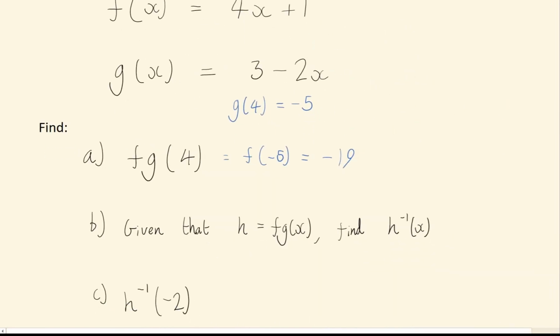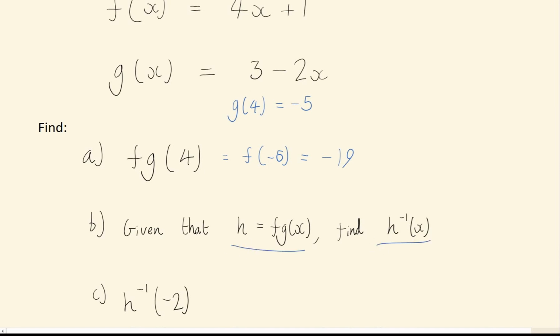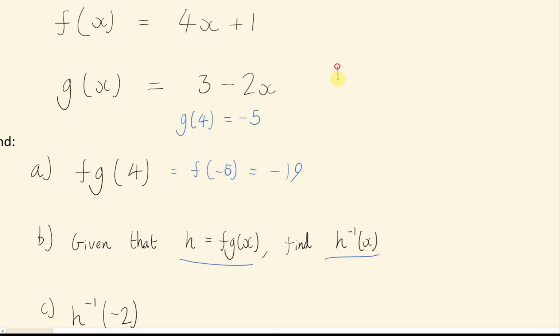Okay, next we've got a slightly harder question. Given that h is fg of x, find the inverse function of h. So we need to work out h first. H is fg of x. To work this out, we plug in g of x first, and we do f of that. So we're going to do f of 3 minus 2x, because that's what g of x equals.